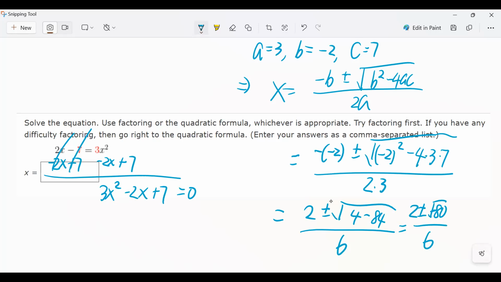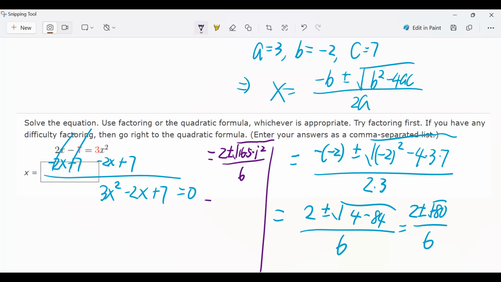From there, we just simplify. It will be 2 plus or minus the square root of 16 times 5, that's 80. 16 is the largest perfect square going into 80, with i, over 6.